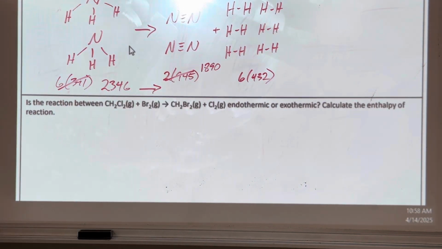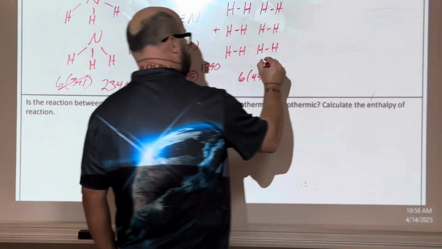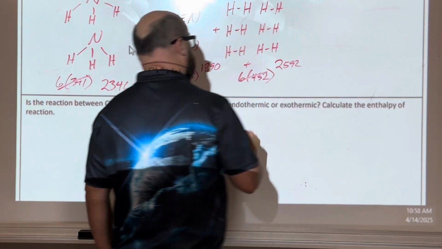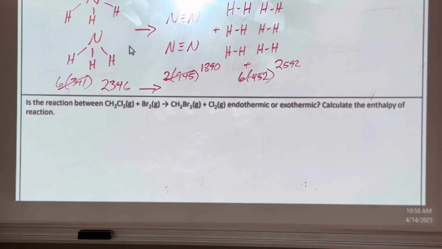And 6 times 432, 2592. And we're going to add those 2 together. 2592 plus 1890, it's 4482.